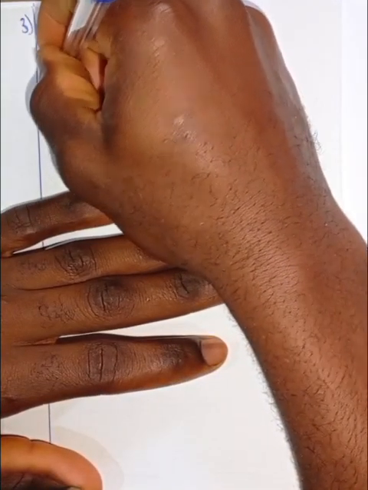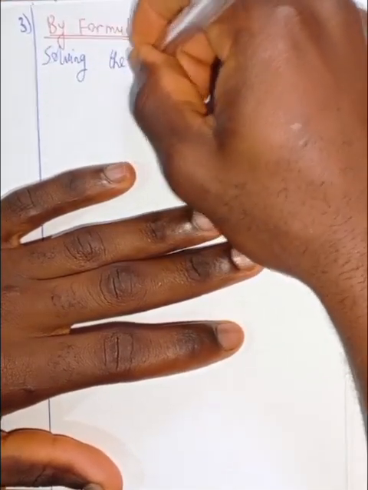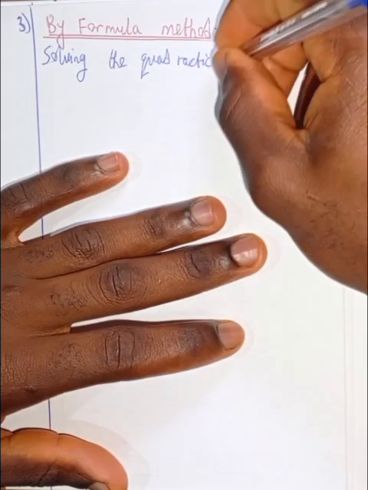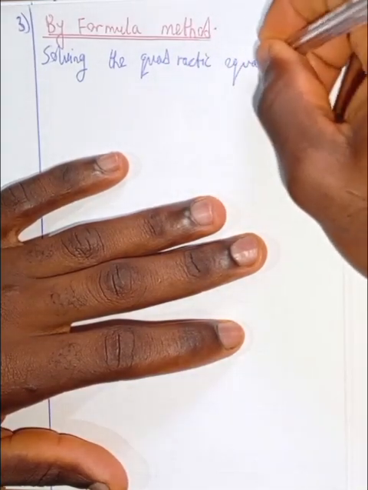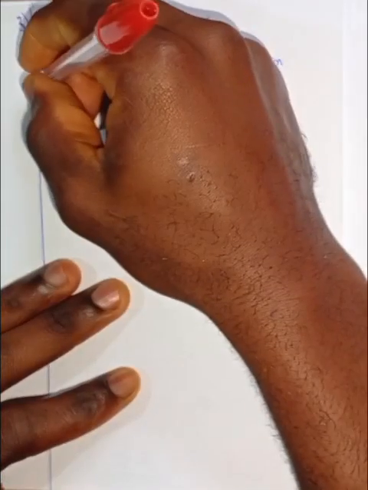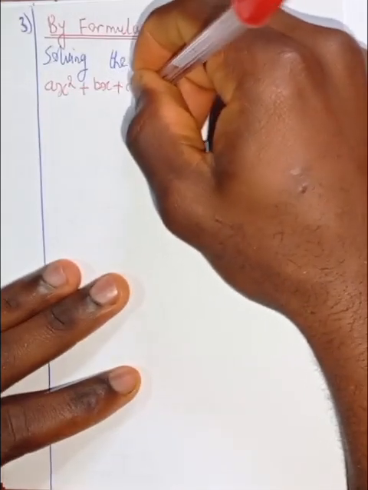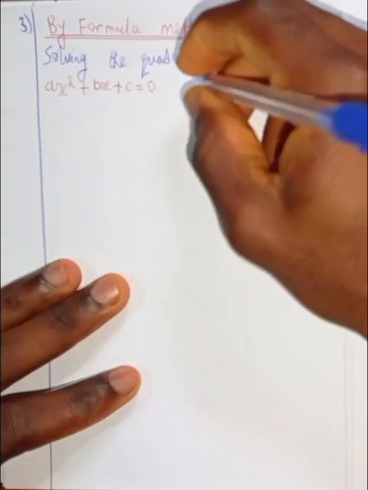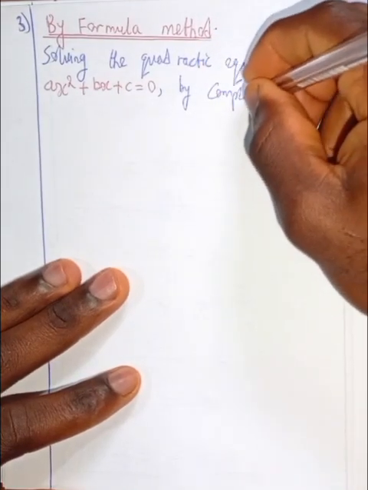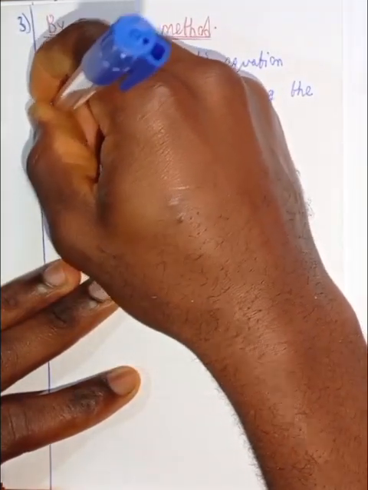Let's take this down. Solving the quadratic equation, that is the general form of the quadratic equation, ax squared plus bx plus c equal to 0, by completing the squares.